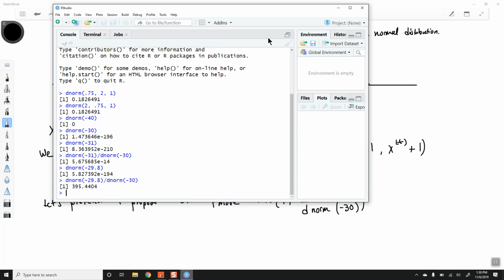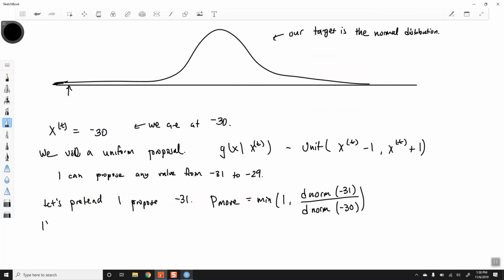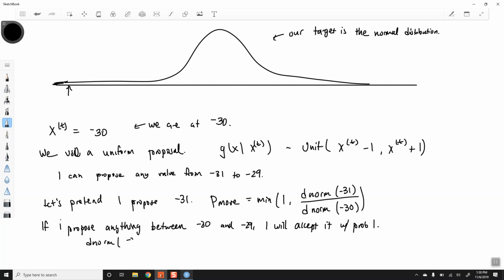So if I propose anything between minus 30 and minus 29, I will accept it for sure, with probability 1, because the minimum of this is going to be 1.